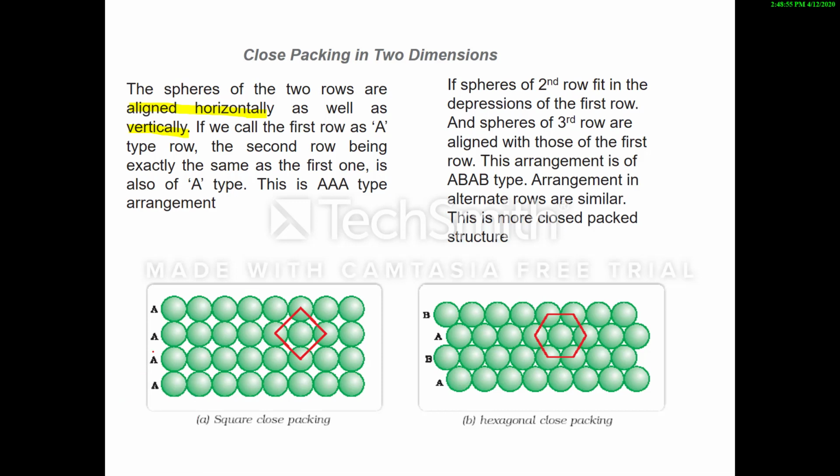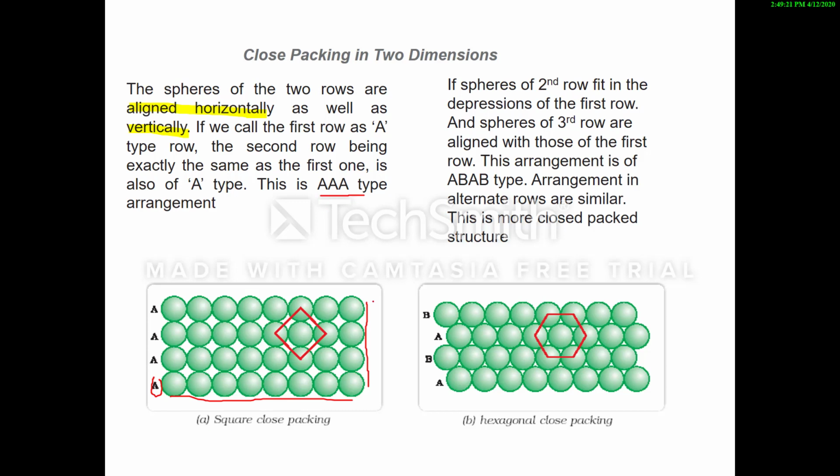Now what is the meaning of this horizontally? This is horizontal alignment and this is vertical alignment. If the first row is known as the A type row, as mentioned here, then we can say the arrangement in all the rows is the same as in row A. So this is known as AAA type arrangement.